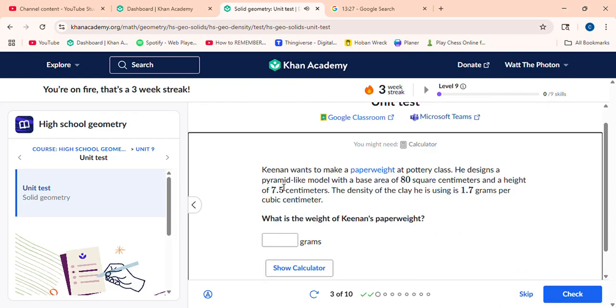There we go. So Lena wants to make a paperweight at her pottery class. She designs a pyramid-like mold with a base area of 80 and a height of 7.5 centimeters. The density of clay she's using is 1.7 grams per cubic centimeter. What is the weight? Okay, so it's a pyramid-like base. The base area is 80.